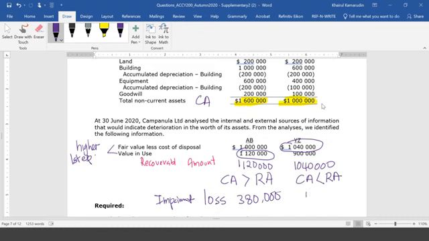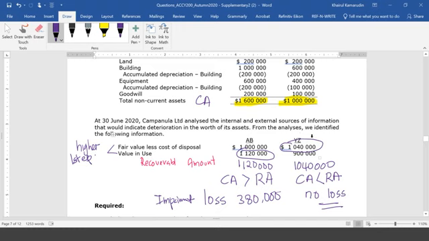So in this case, no loss. They don't tell anything about revaluation upwards, so we assume there is no revaluation upwards, or any impairment loss before this. So there is no loss, and you don't have to do anything there.